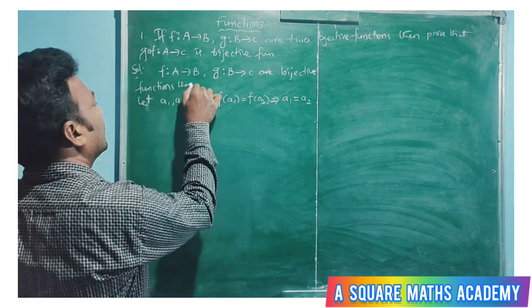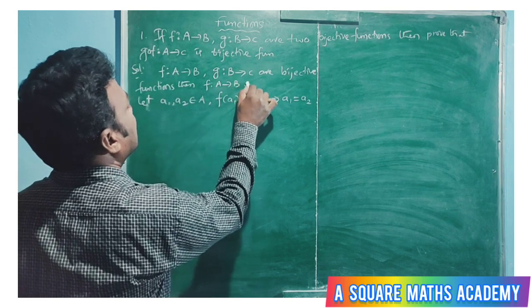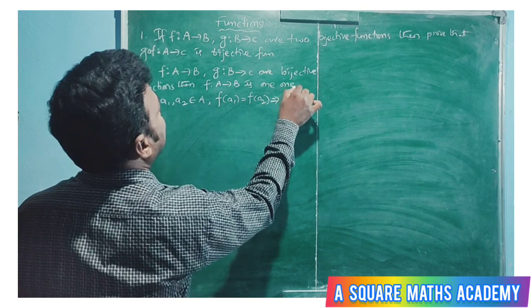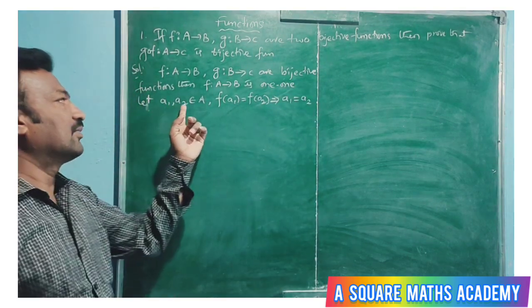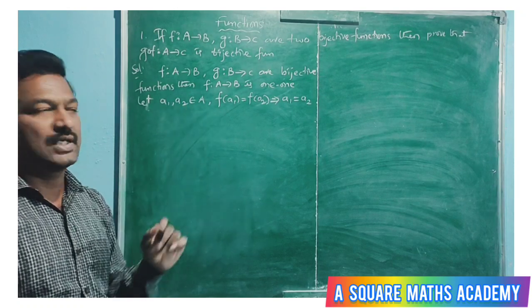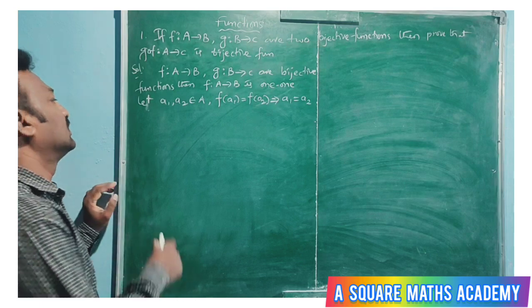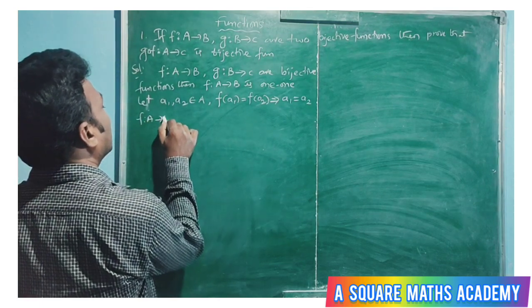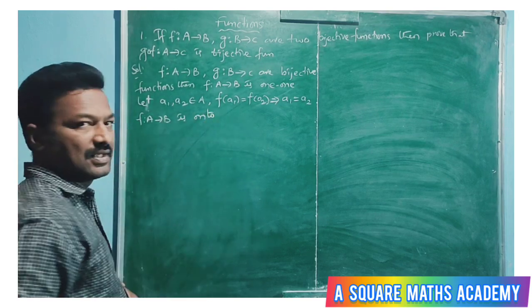Then f: A to B is 1-1. Okay, so 1-1 means a1, a2 belongs to A, f of a1 equals f of a2 implies a1 equals a2. And f: A to B is onto also. Is onto.